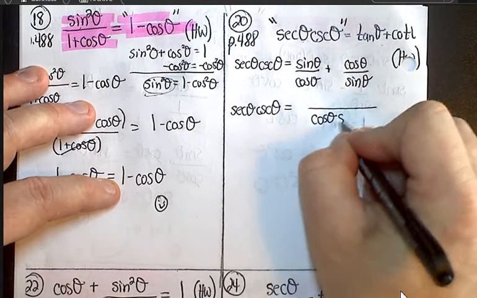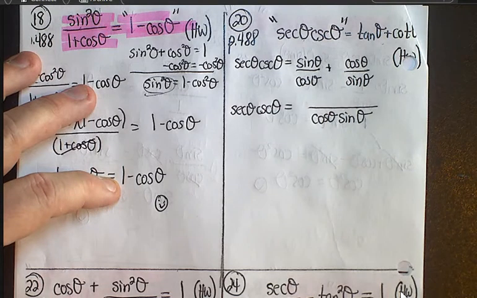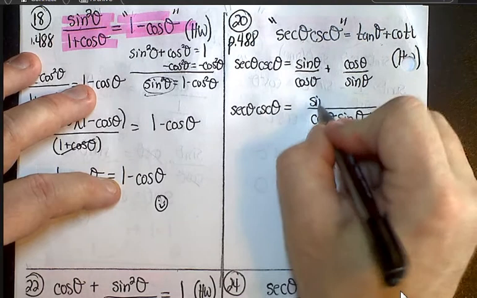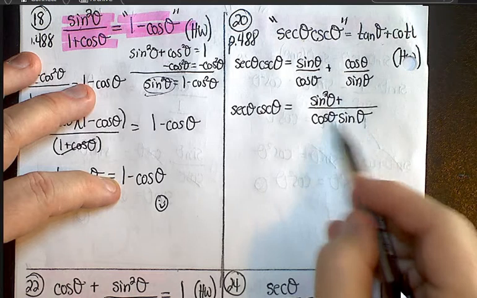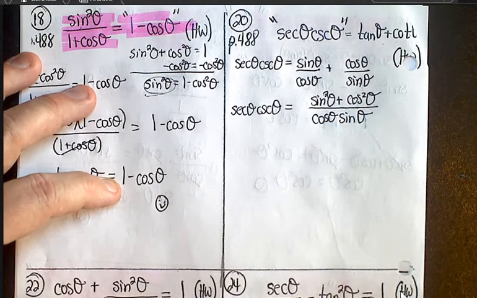So my common denominator will be cosine theta times sine theta. I multiply cosine by sine, doing the same thing to the top. I get sine squared theta. I multiplied sine by cosine to get that common denominator, do the same thing to its numerator. We get cosine squared theta.